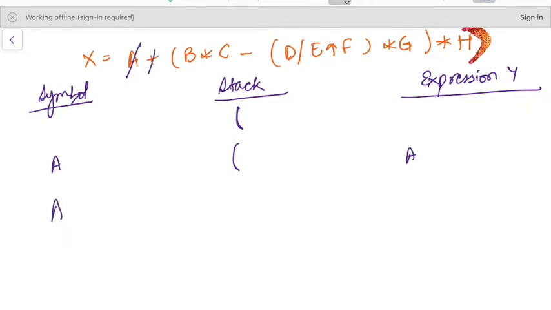There is this opening brace, so we can place any operator straight away just after the opening parenthesis. And we can always place an opening parenthesis over any operator in the stack. And I have forgotten to update the expression.